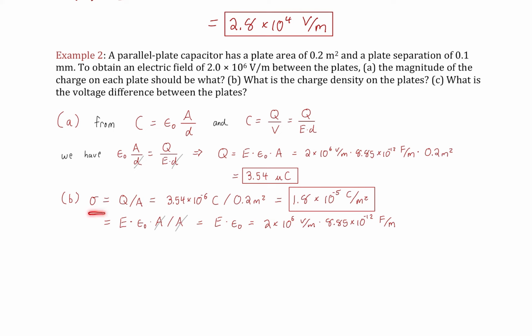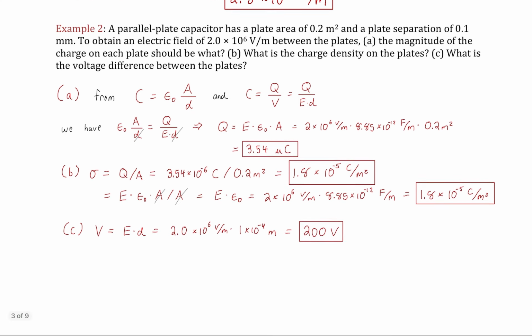If you know the electric field, you know the charge density. That shouldn't be a surprise, because the volumetric charge density was also determined entirely by the electric field strength. So is the area charge density. Pretty cool, right? And that of course will just give us the same number. I just wanted to show it worked.